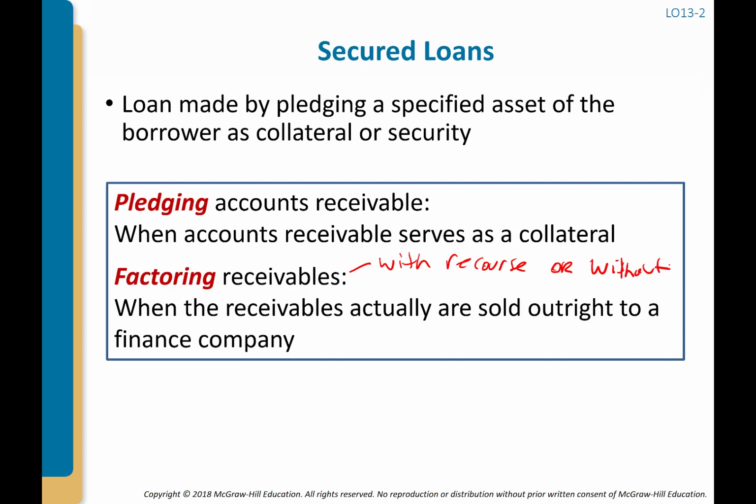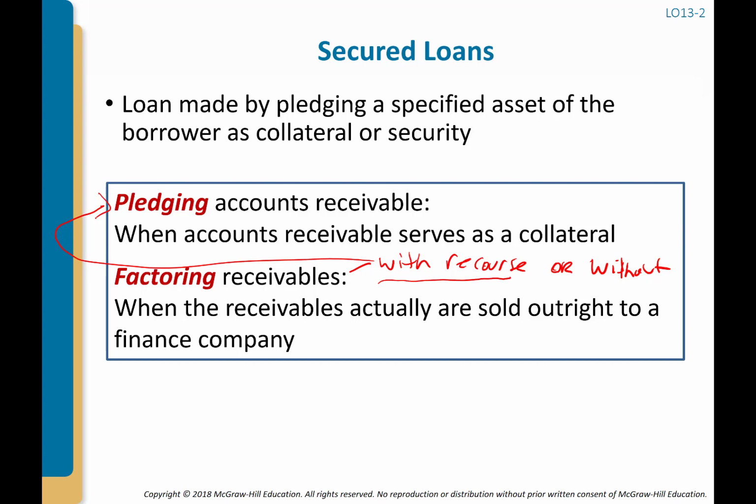Okay, if it is with recourse, then what? Then it could potentially be treated as collateral, meaning what? Meaning that in the event I don't pay you back on the loan, your recourse is to do what? Come back and take the receivables back from you, right? So if it's that sort of thing and we have factored those with recourse, then what? I will give you the receivables, you keep them, and I just get cash for that, right? I just get cash for that.